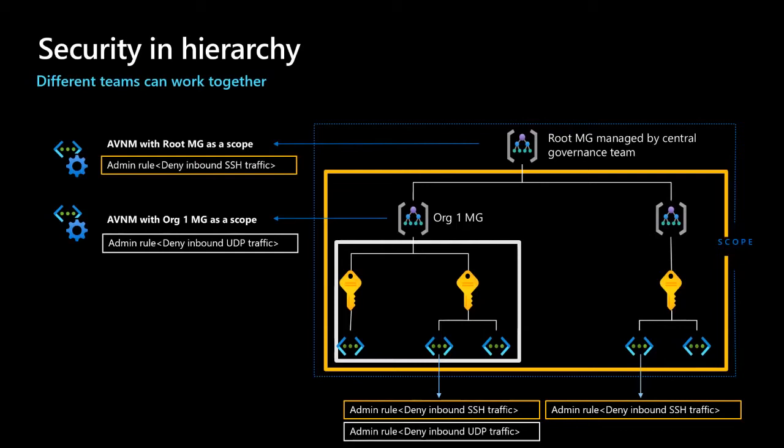On the other hand, the virtual networks on the right-hand side, you have only one security admin rule created. So in this way, you can create security admin rules in a hierarchical way to work seamlessly between different teams.